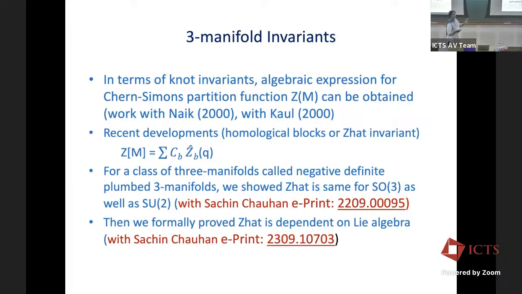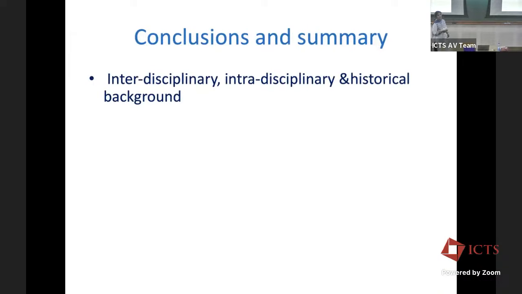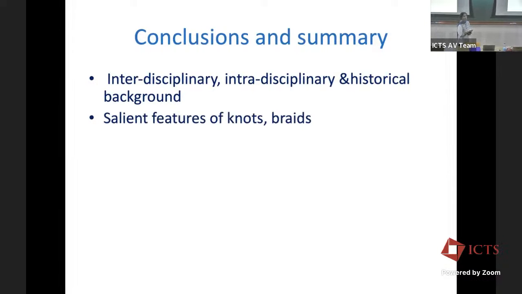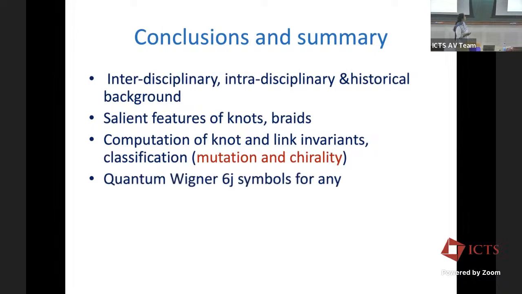So this is just to give you the recent developments where we got into it with our knowledge of what we had. Let me conclude. I've given you a flavor of so many exciting interdisciplinary and historical pieces of information. Then I briefed you on essential features of knots and braids, how the Jones polynomial is computed, computation from Chern-Simons theory, and focus on mutation and chirality, how Chern-Simons has shown improved classification.